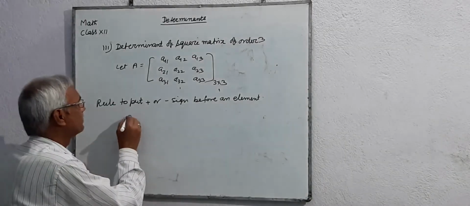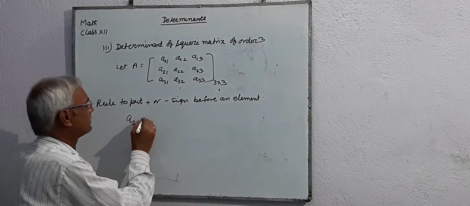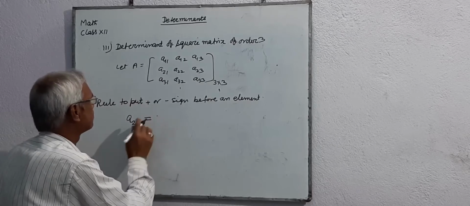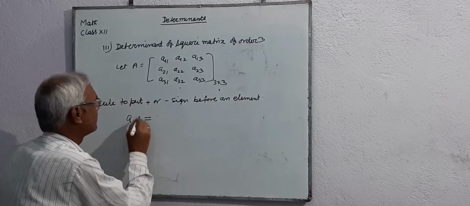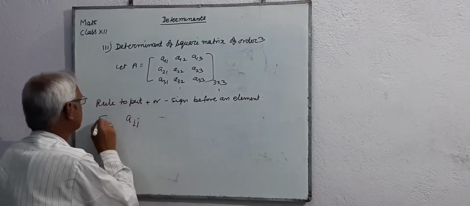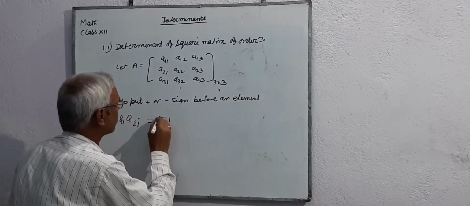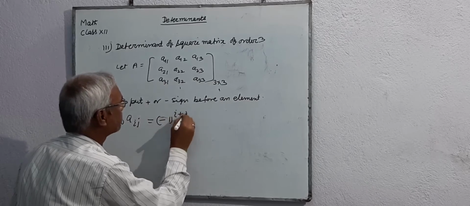For example, A21 is in the second row and first column. The sign of Aij equals minus 1 to the power i plus j.